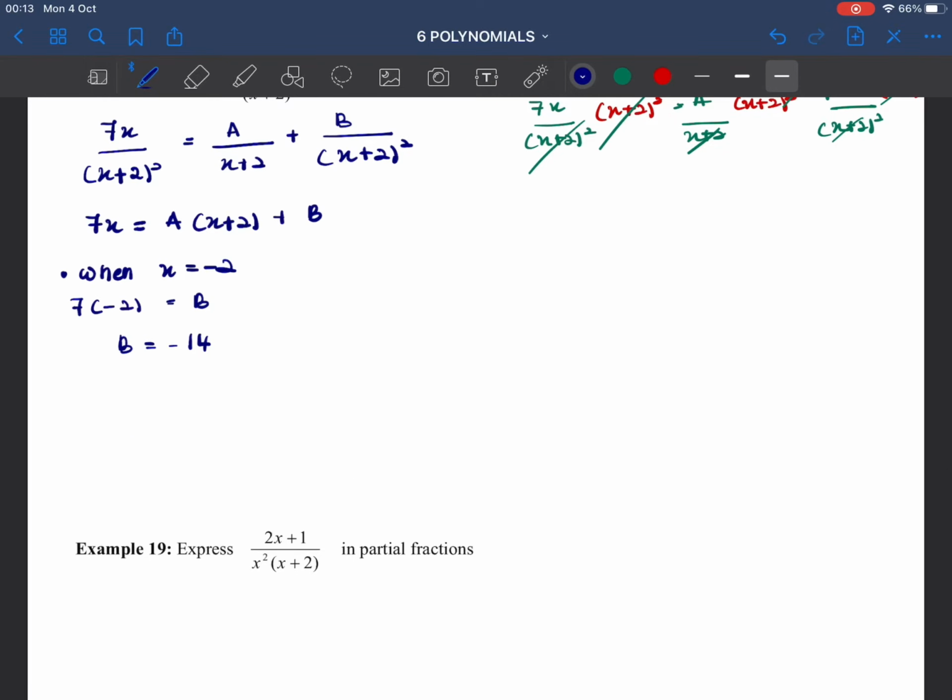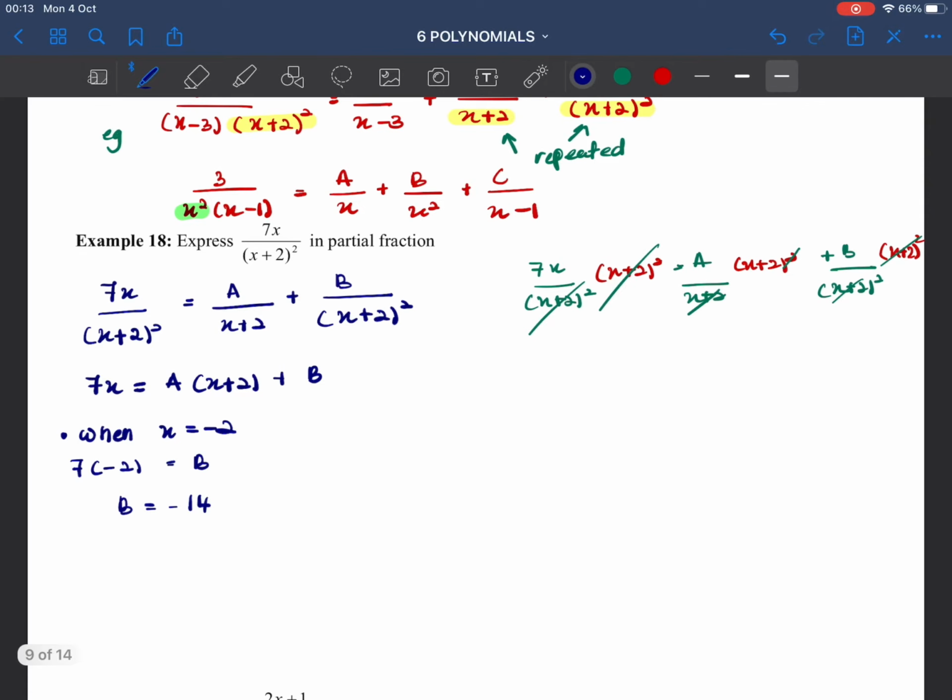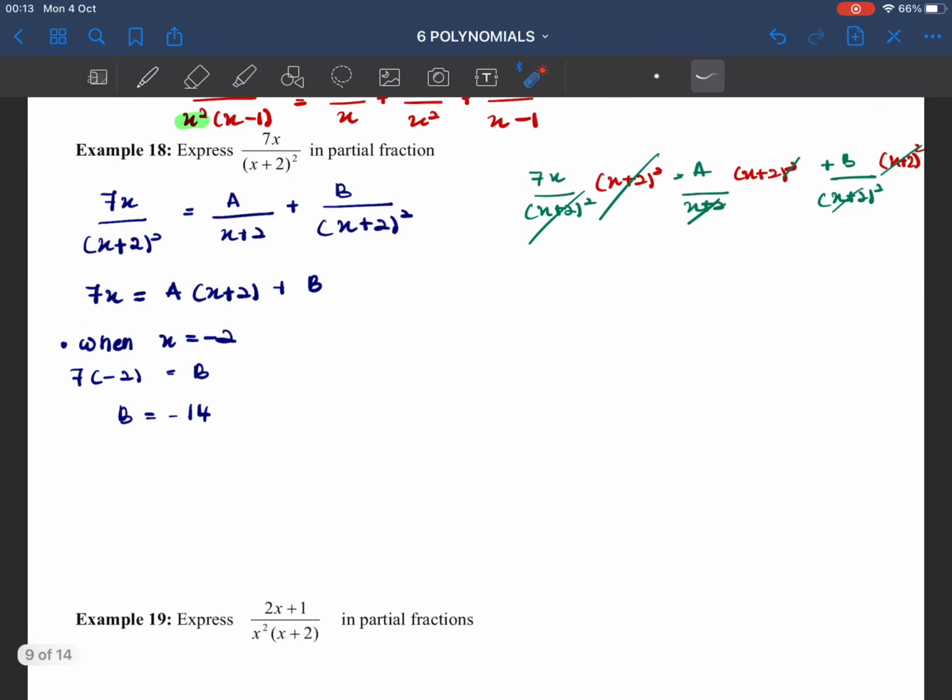So next, we are going to find the other value, which is a. Tapi kita dah tak ada any value for our roots. So as I said earlier, kita boleh cuba, kita boleh substitute any value for your x. So let's say here we have when x equals to 0. Kenapa kita substitutekan the value of the factors sebab kita nak mudahkan kerja kita kira.